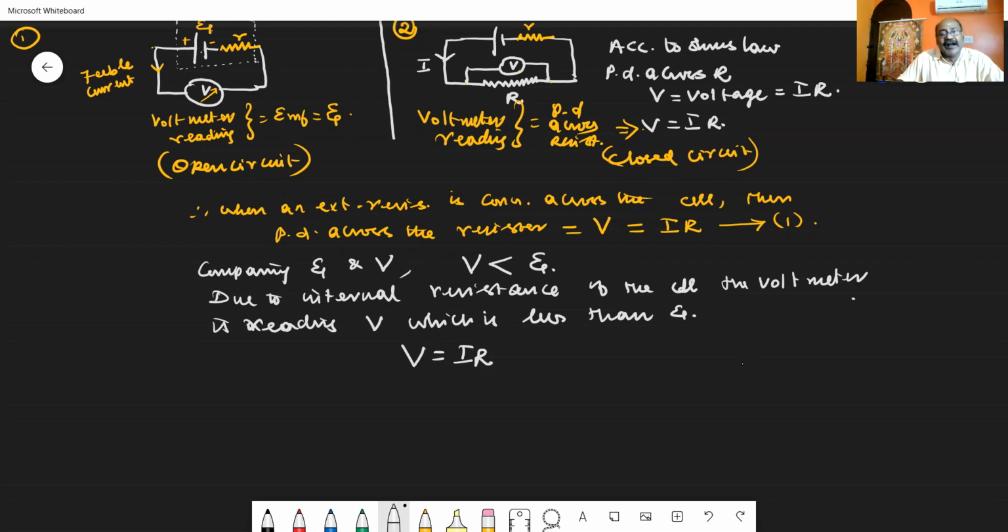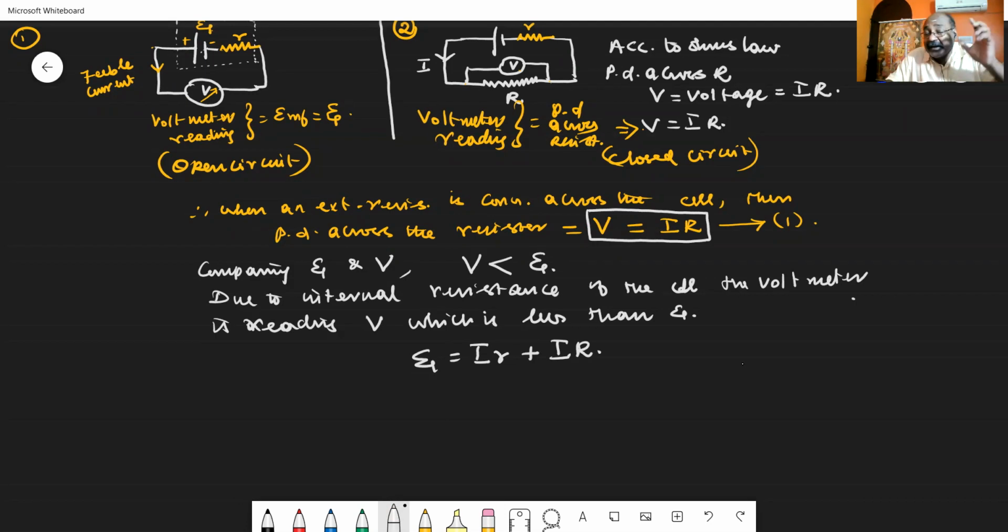So instead of V, I can write the EMF. The EMF will be equal to the potential difference across the internal resistance plus the potential difference across the external resistance. When we measure the voltage across the resistance in the closed circuit, we get only V.